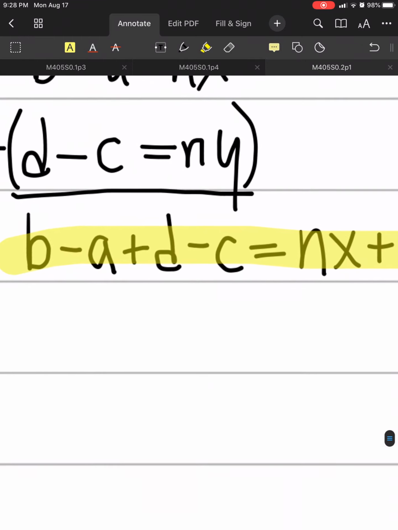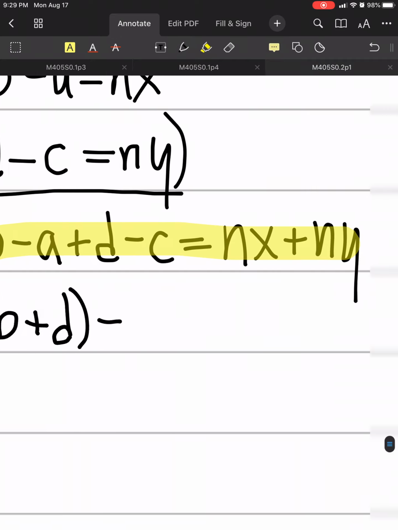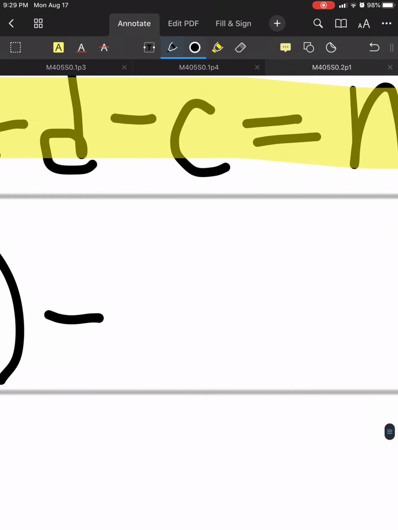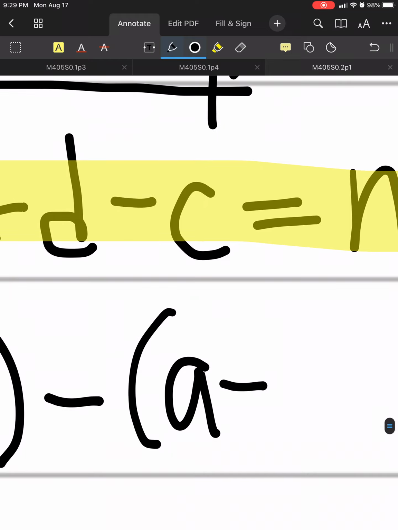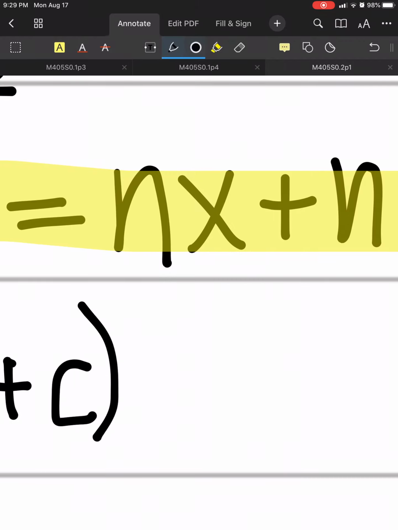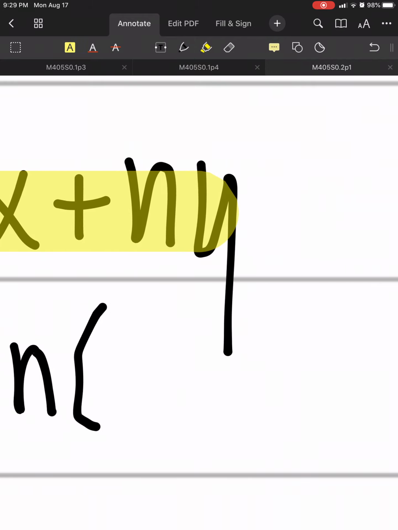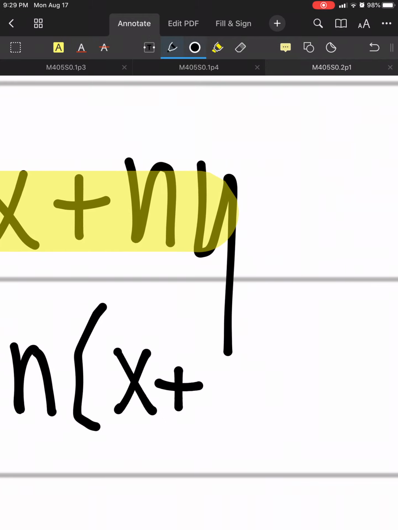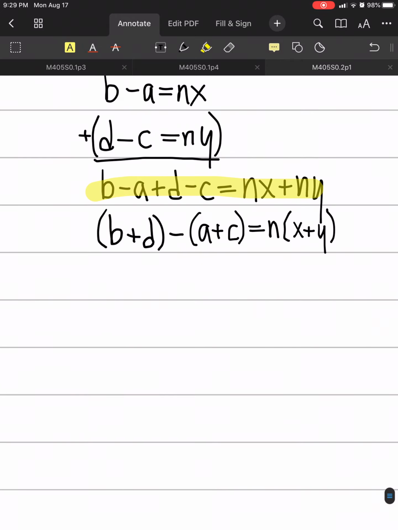Okay, so let's go ahead here. Then we should have B plus D minus A plus C equals N times X plus Y. And again, sorry about zooming in, but it's better to have it readable at the end when you have the PDF than not.